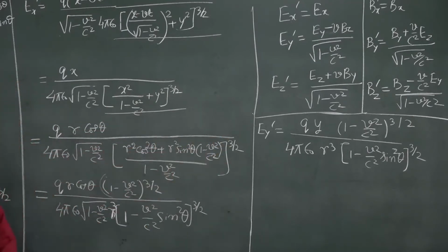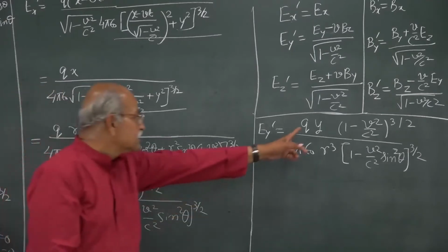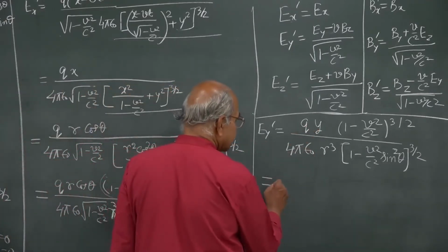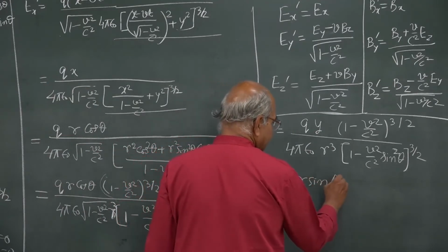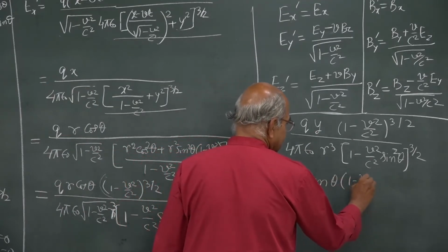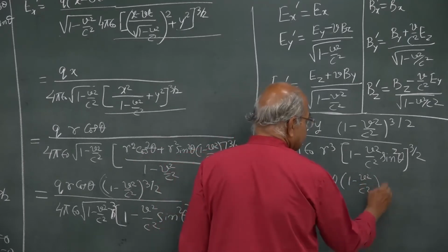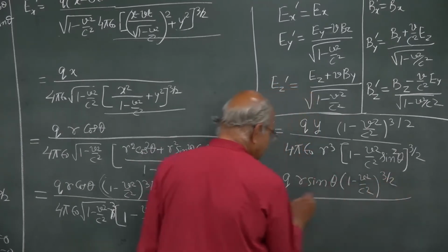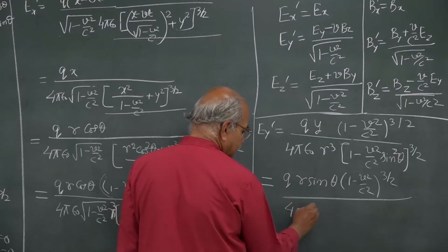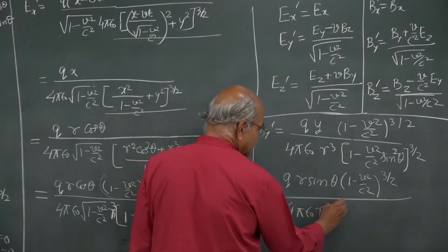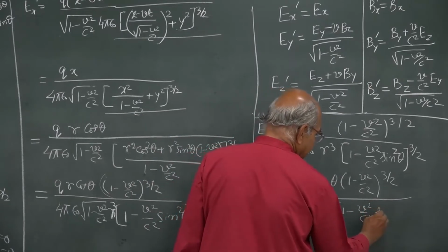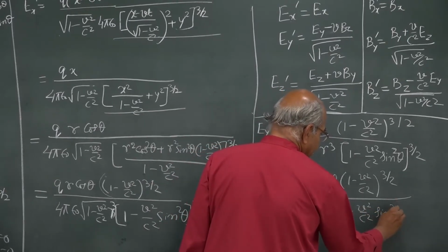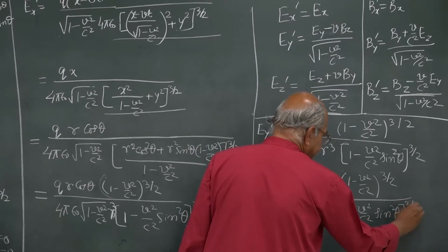So, this is E y prime. You can write this as r sin theta. So, this is q times r sin theta, and then (1 minus v square by c square) power 3 by 2 divided by 4 pi epsilon naught r cube (1 minus v square by c square times sin square theta) to the power 3 by 2.